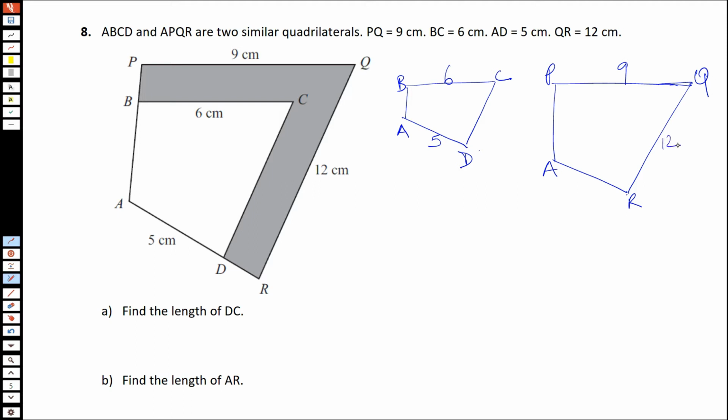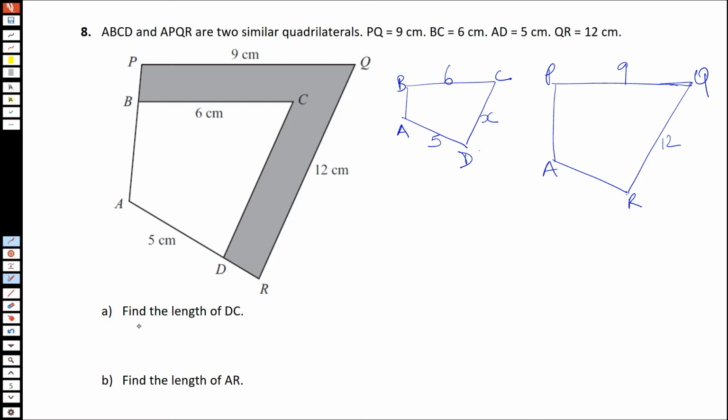The first question is to work out DC. So let DC be X. Let me just plug in a variable, so X. We know that if two shapes are similar, then the ratios of the corresponding sides should be equal.